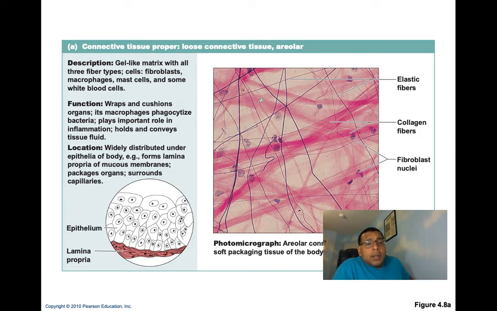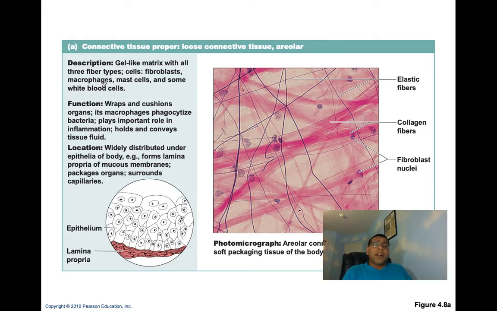Fibroblasts, the first type of cell that we're going to be able to find here, and you can appreciate their nuclei here. We have some macrophages we can appreciate here. We're not going to be able to see mast cells, and then also some white blood cells that we mentioned.